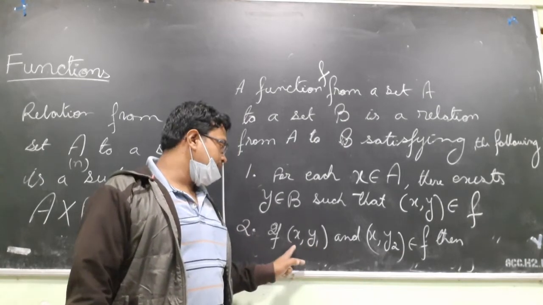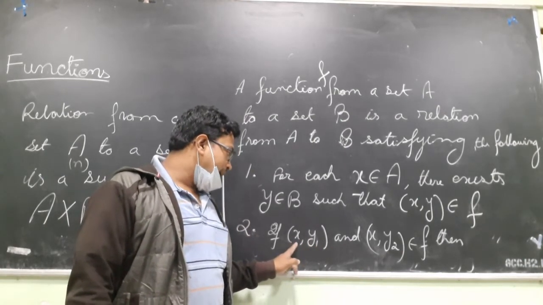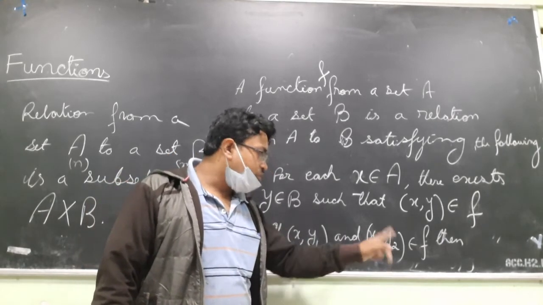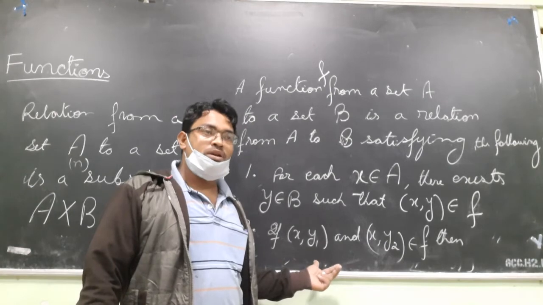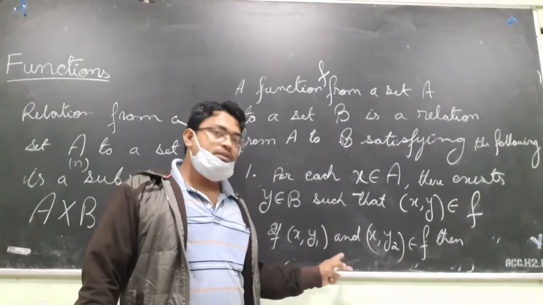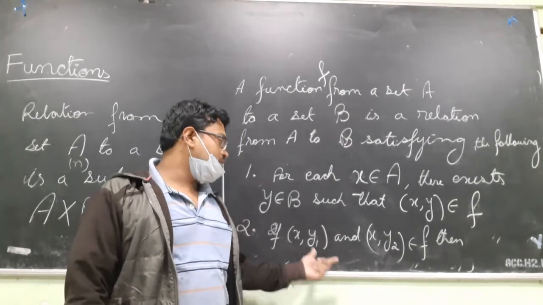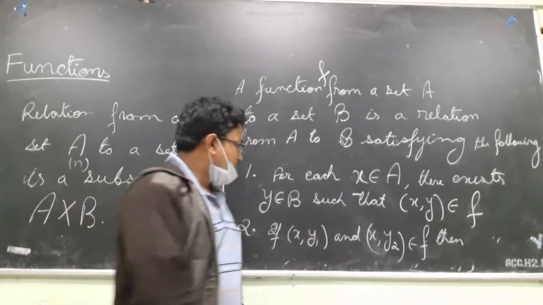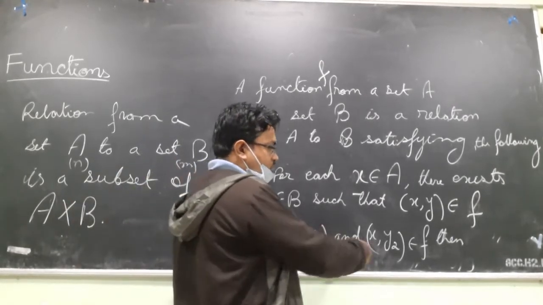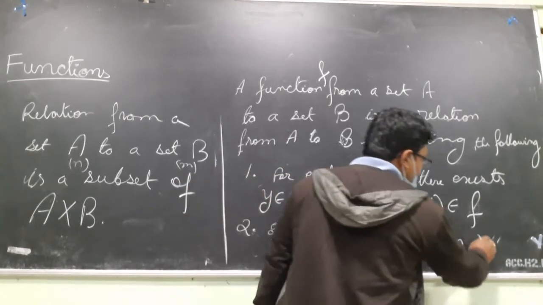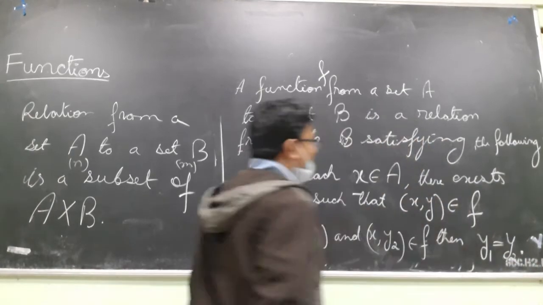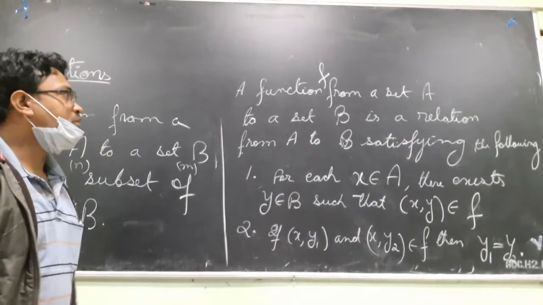So if we encounter a case where x is related to y1 and x is also related to y2, then y1 should be equal to y2, because x cannot be related to two different elements. So this is a detailed definition of a function.